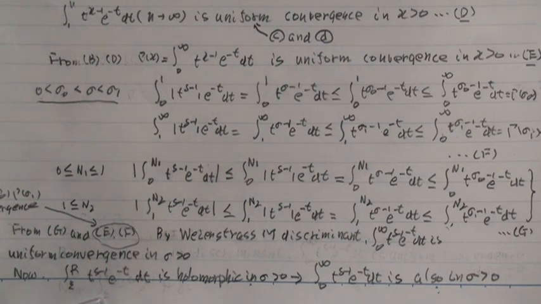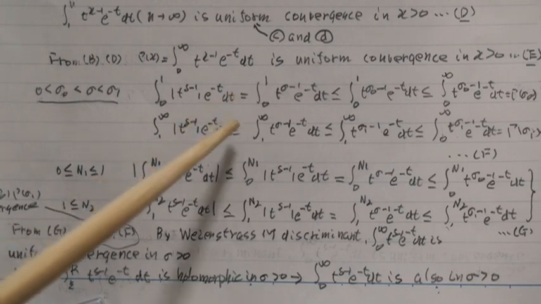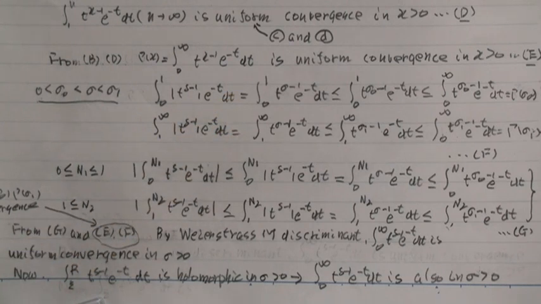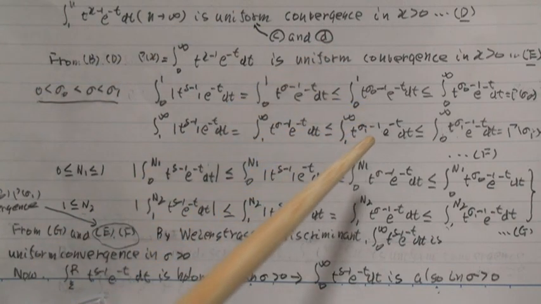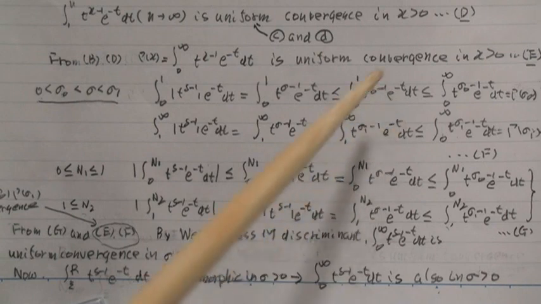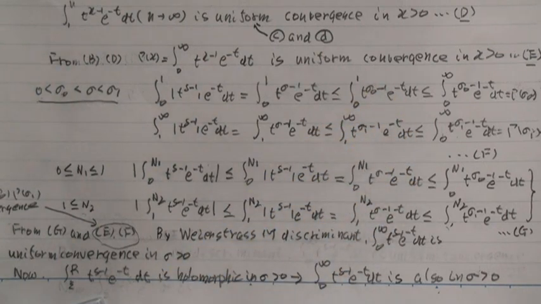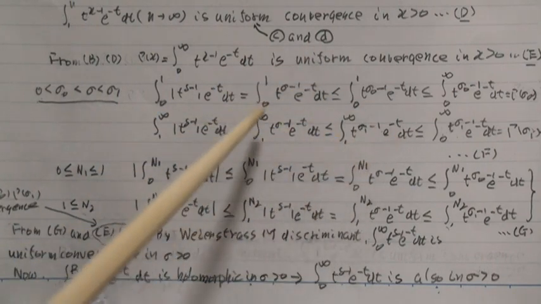And the integral from 1 to infinity of |t^(s−1) e^(−t)| dt equals the integral from 1 to infinity of t^(σ−1) e^(−t) dt, and this value is less than or equal to the integral from 1 to infinity of t^(σ₁−1) e^(−t) dt. t^x is an increasing function on this interval.